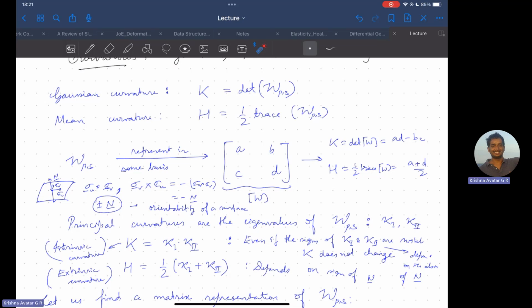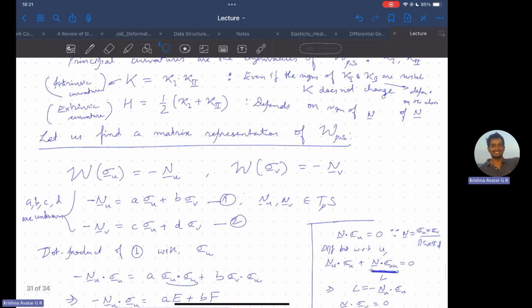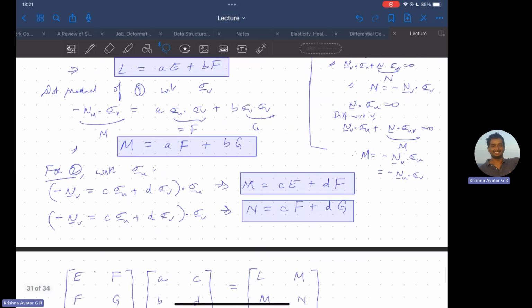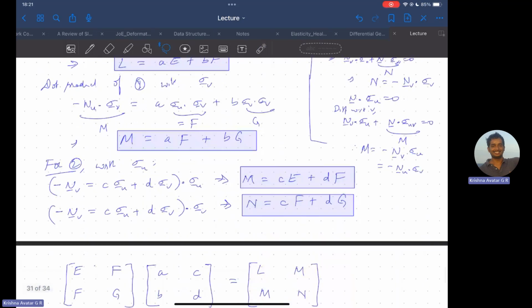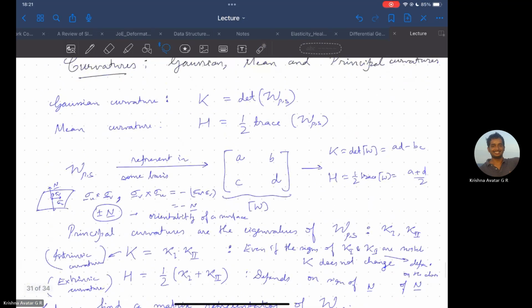And say in some basis the coefficients are A, B, C, D, just to be consistent. Let's put it like this.